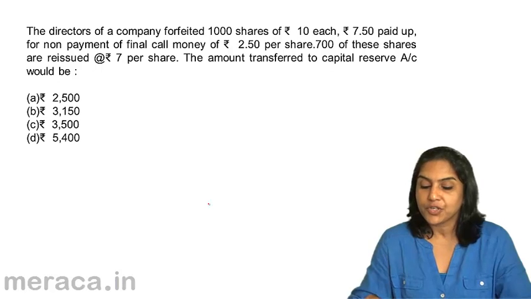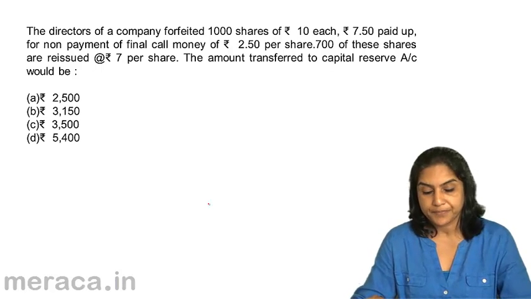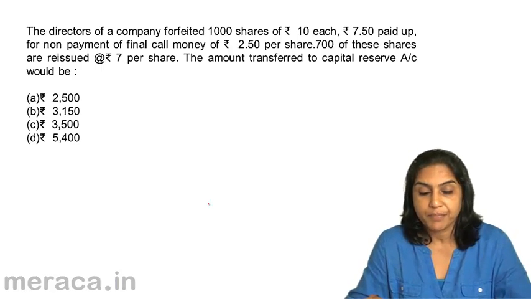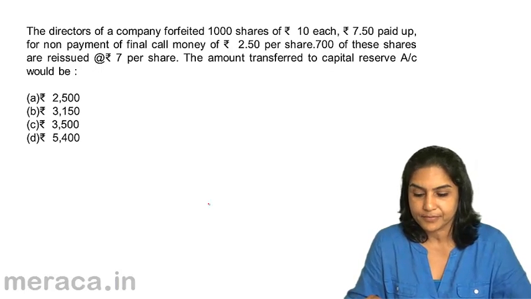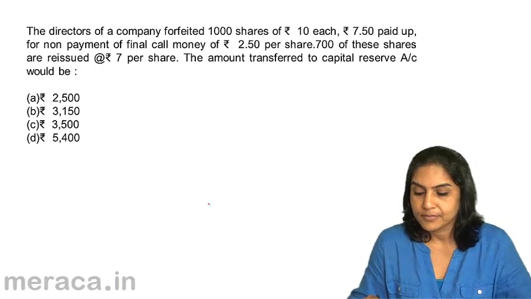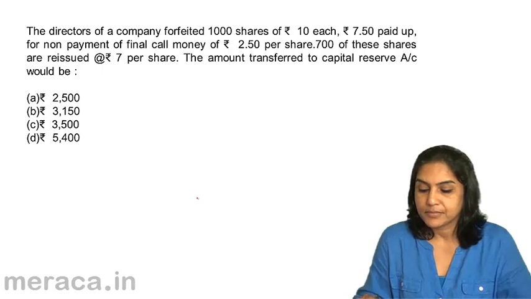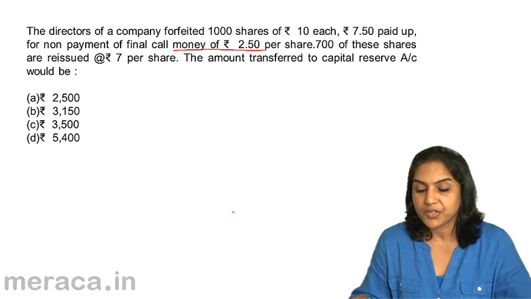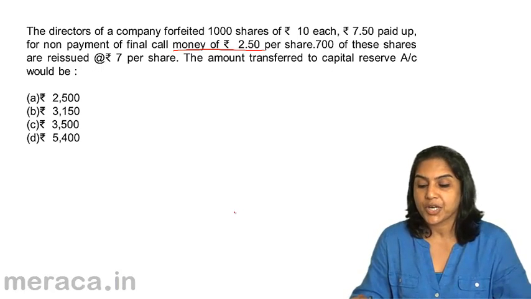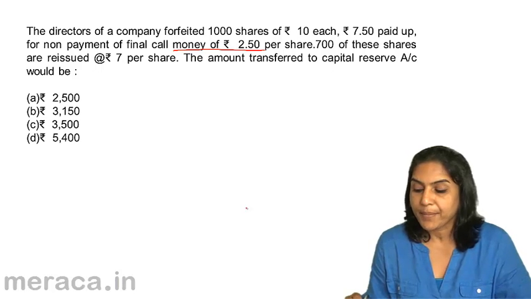The amount transferred to capital reserve account would be A. 2,500, B. Rupees 3,150, C. 3,500, and D. 5,400. Final call money, so it's a fully called up share. 700 of these shares are reissued at rupees 7 per share. What is the amount to be transferred to capital reserve?